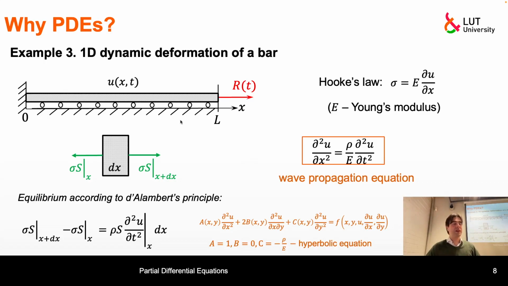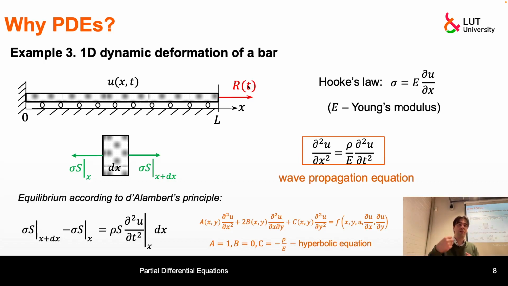So again, to make it simple, to fit into this two variables classification, it can be extended, of course, but I just want to make things simple and clear. So I consider a one-dimensional problem. Let's consider we have a bar fixed at one end, and there is a force applied on the opposite end, which stretches the bar. And it's a dynamic force, so it changes somehow in time.